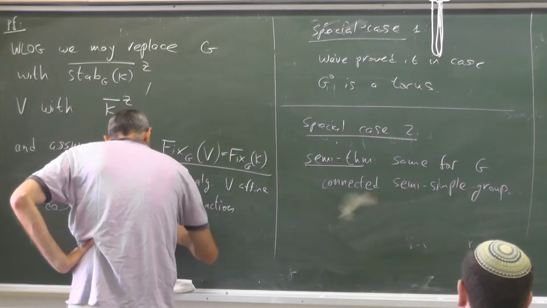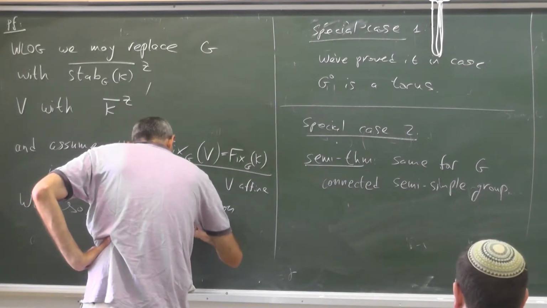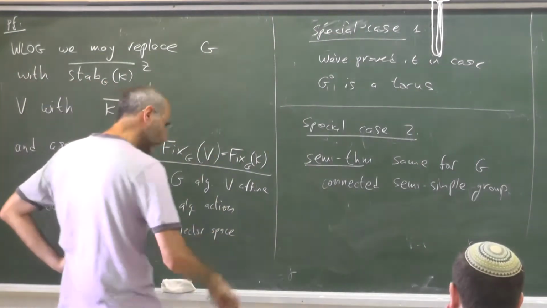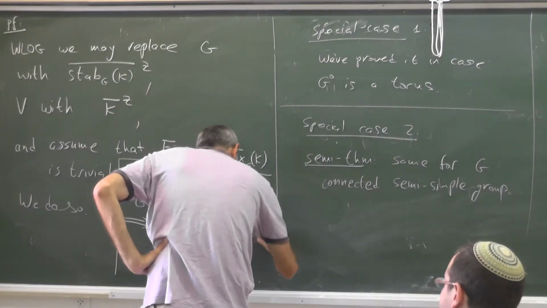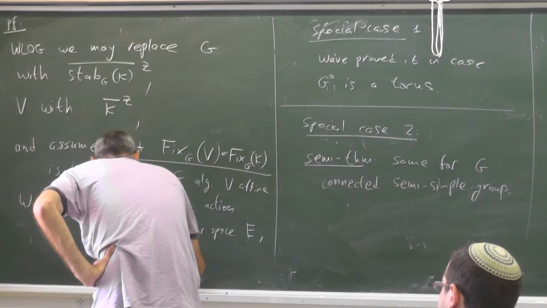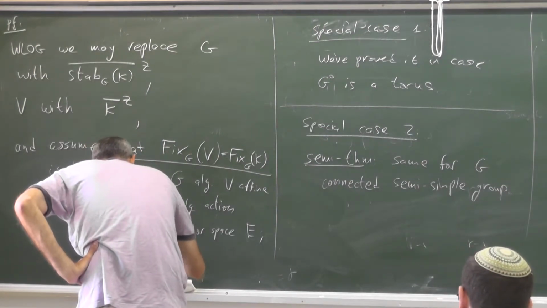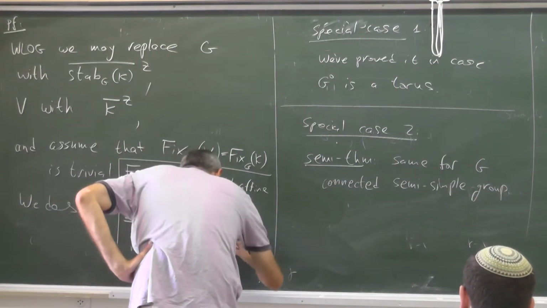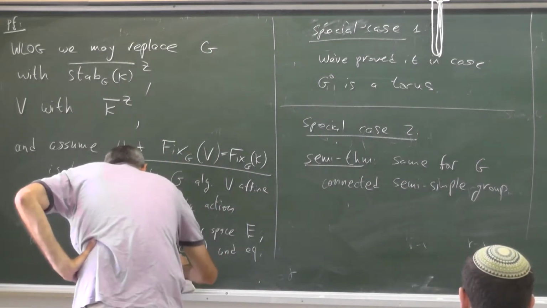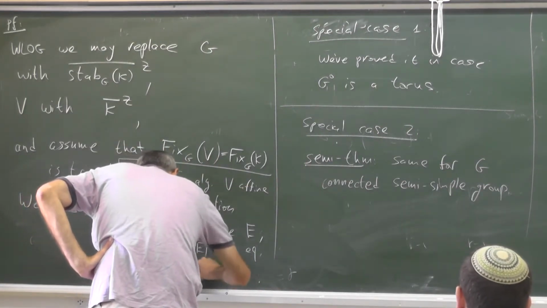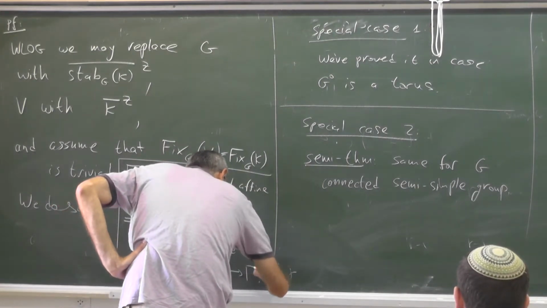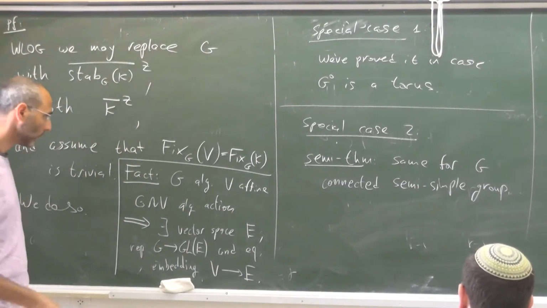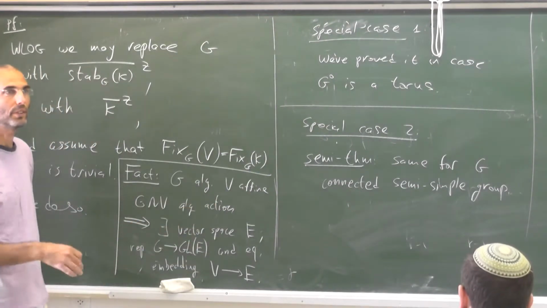There exists a vector space over the field of definition here, which is the complex numbers in our case, E, a representation, an algebraic homomorphism G to GL(E), and an equivariant embedding V to E. Equivariant with respect to the action of G here and the action of G on E here. So I can assume that everything is happening inside some vector space.